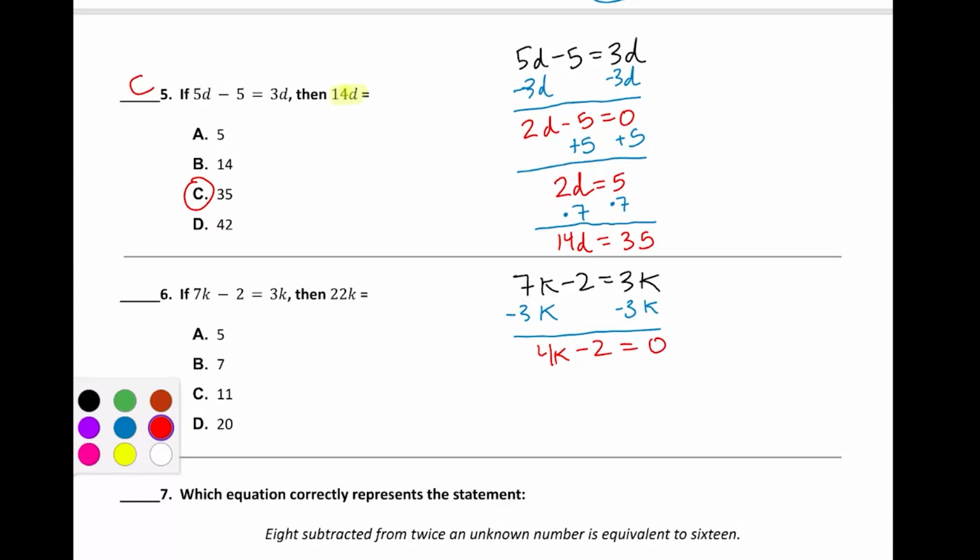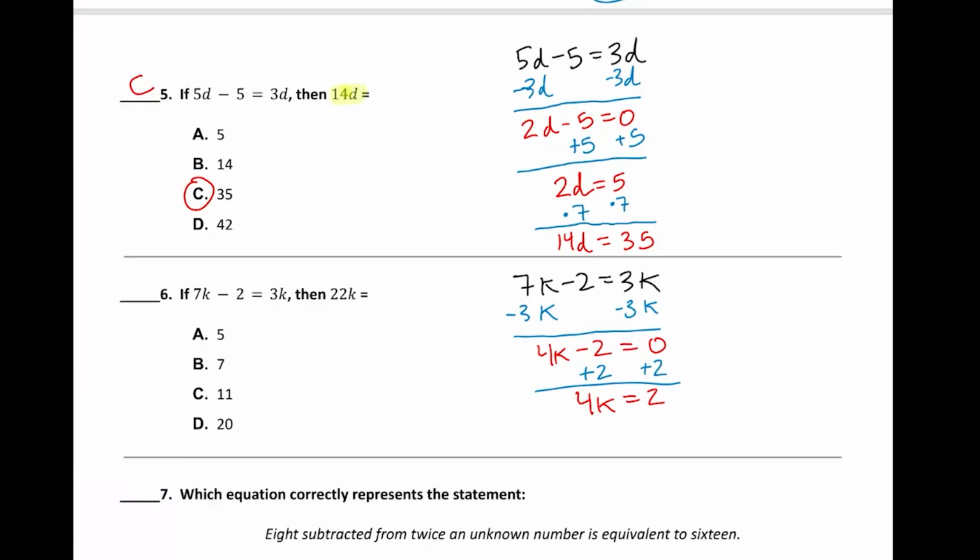Then I can add 2 to both sides to get 4k equals 2. And here I could divide both sides by 2 or 4, but that is going to give me a fraction.